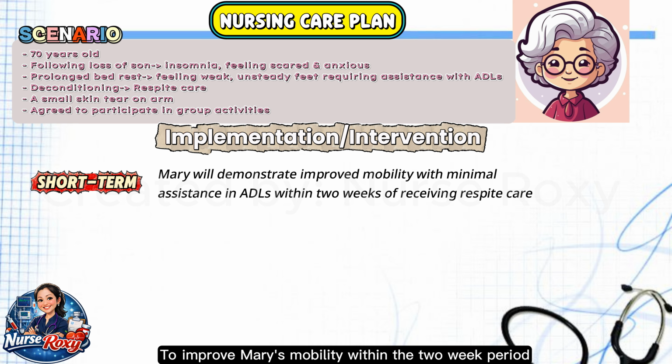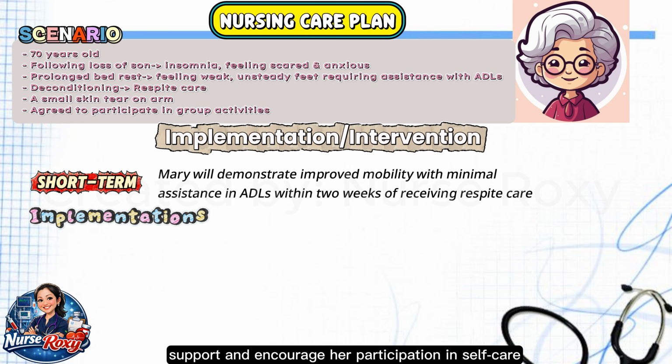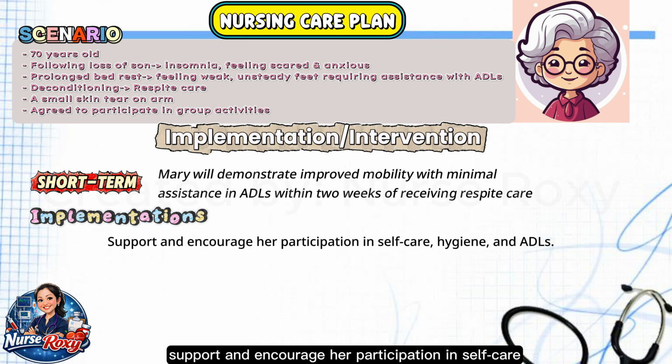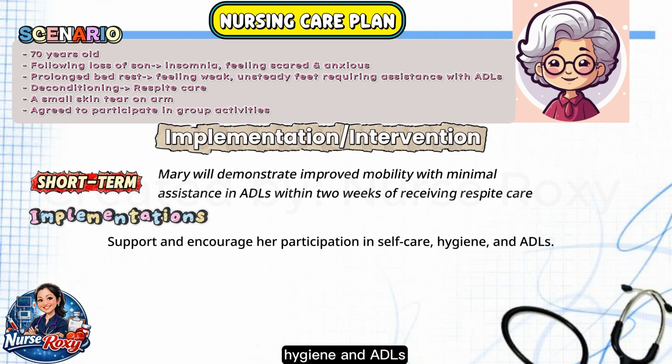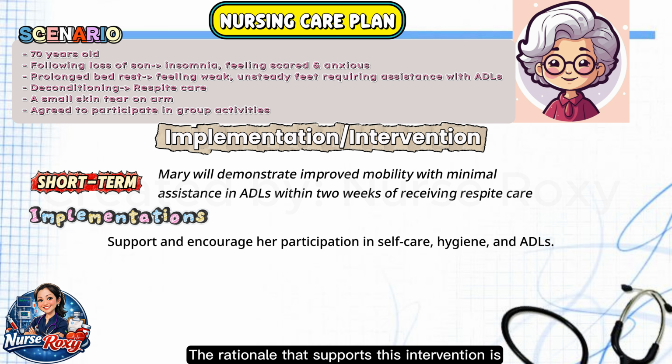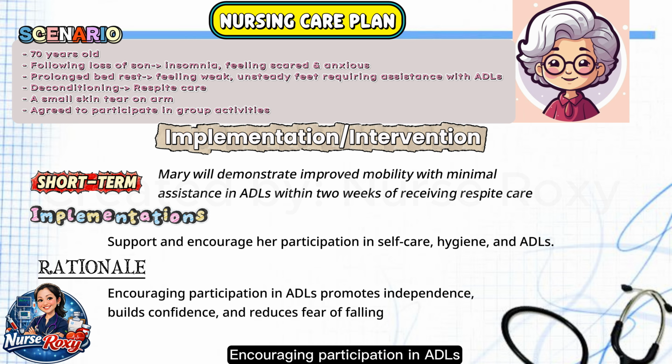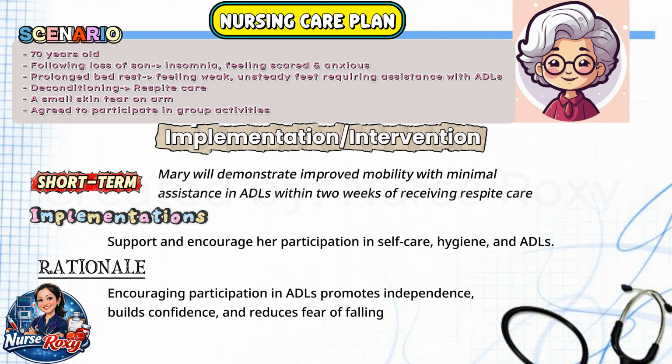To improve Mary's mobility within the 2-week period, we can support and encourage her participation in self-care, hygiene, and ADLs. The rationale that supports this intervention is encouraging participation in ADLs promotes independence, builds confidence, and reduces fear of falling.